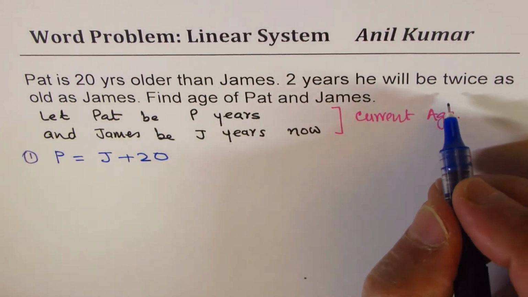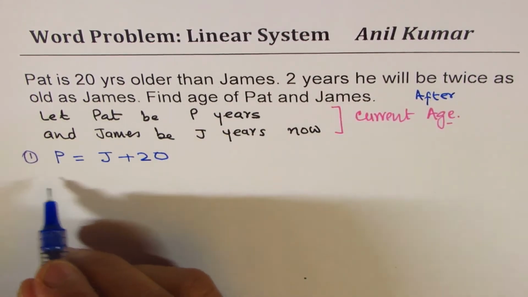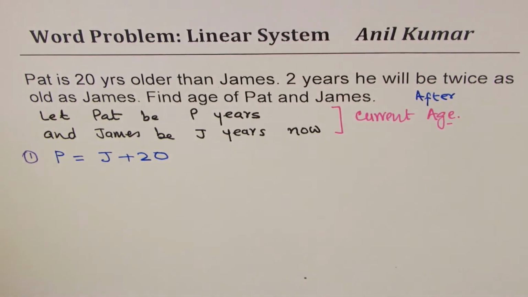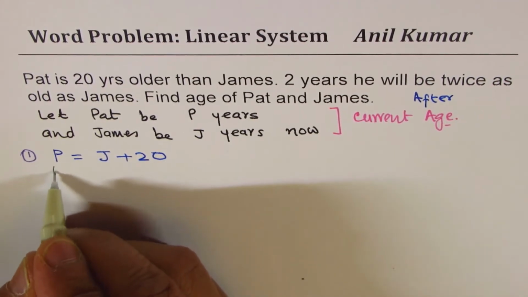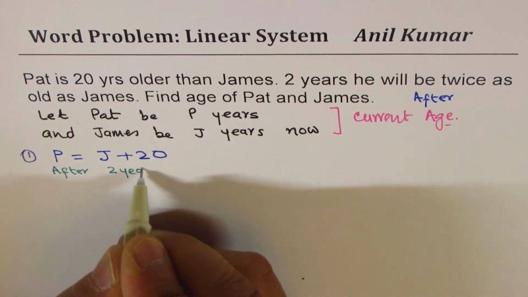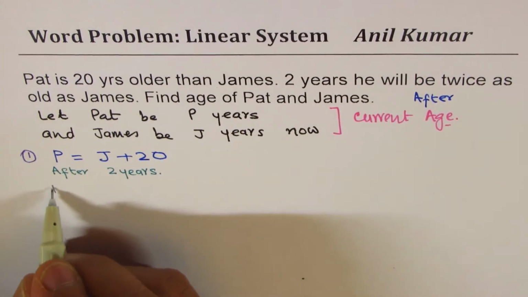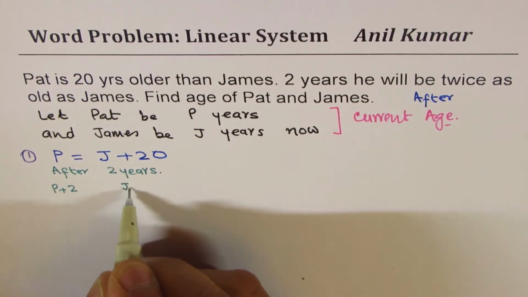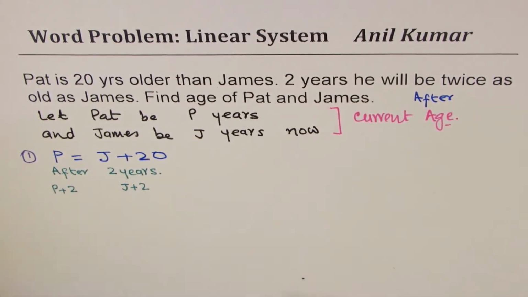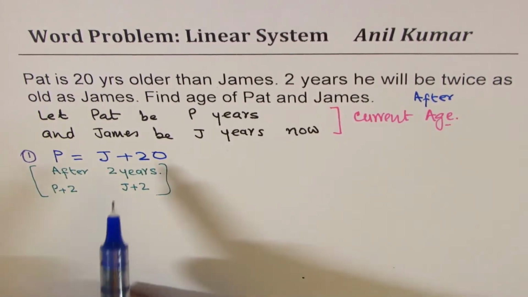Let me write it here so that we are clear why I got P plus 2 in the first place. If the current ages are P and J, after 2 years there will be P plus 2 and J plus 2, correct? So that will be the age after 2 years. Is that clear? Now we'll write down the equation.